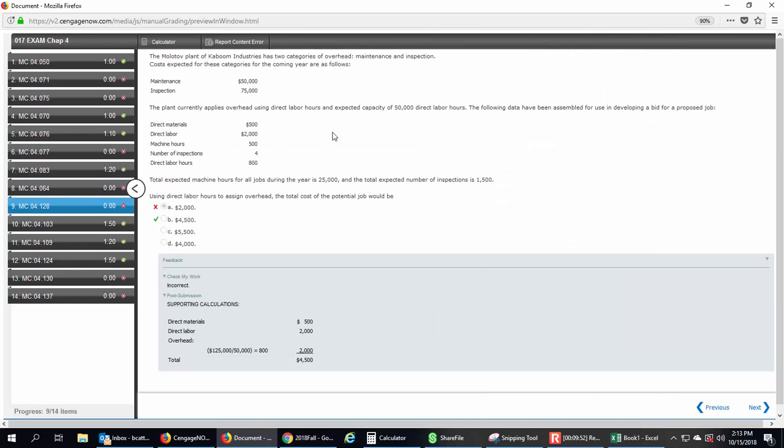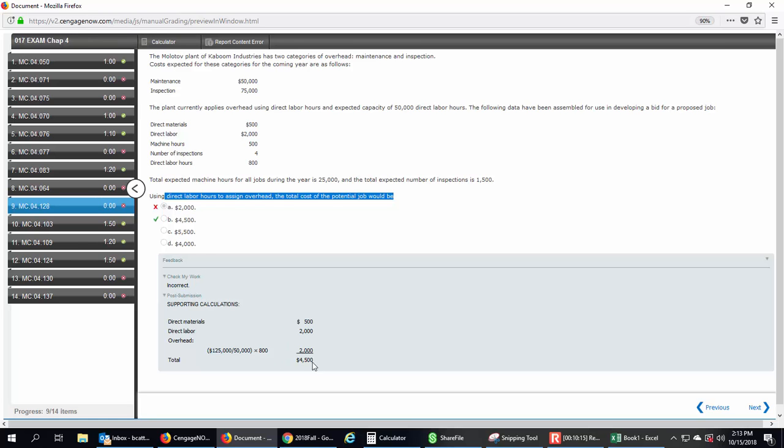Using direct labor hour, total cost of a job. Okay, so total cost of a job, I'm going to need materials, I'm going to need labor, and I'm going to need overhead. Total maintenance and inspection. Huh.